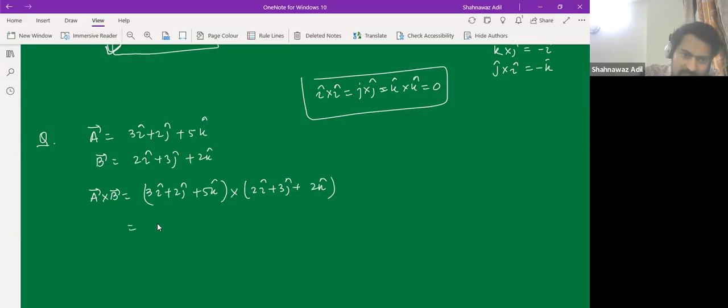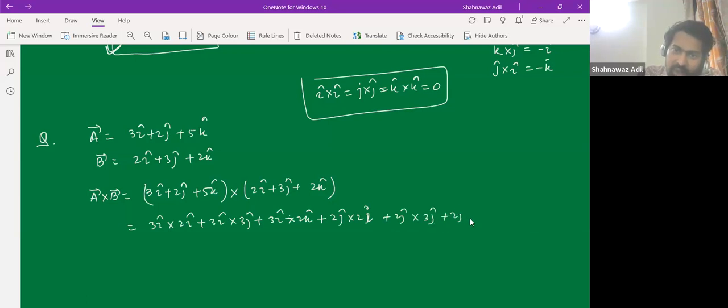So this would be 3i cross 2i, this would be 3i cross 3j, this would be 3i cross 2k, plus 2j cross 2i, and then 2j cross 3j and 2j cross 2k, plus 5k cross 2i, plus 5k cross 3j, plus 5k cross 2k.